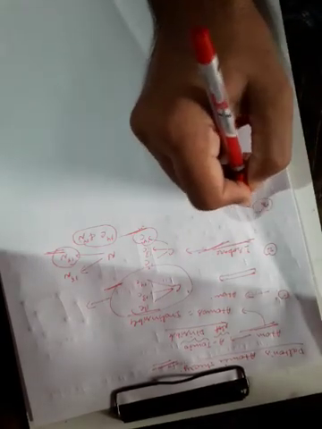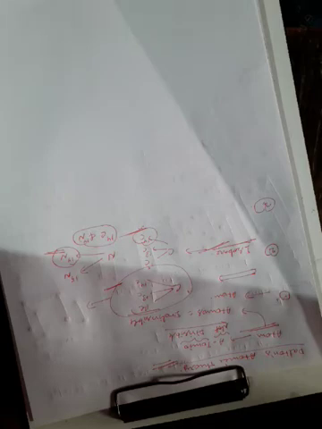Now, according to Dalton's atomic theory, compounds are formed when atoms of different elements combine in a fixed ratio.